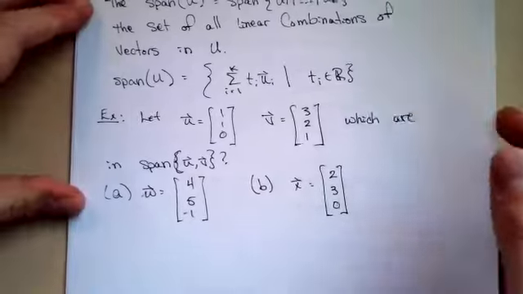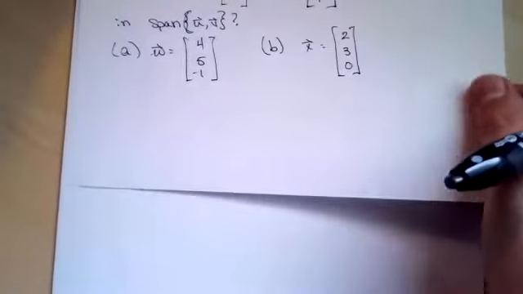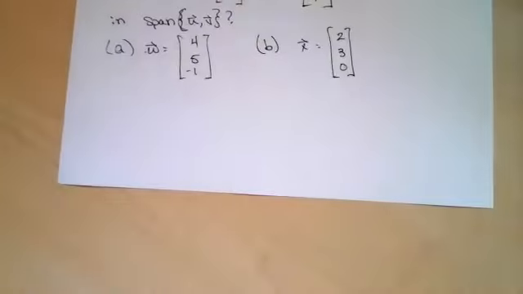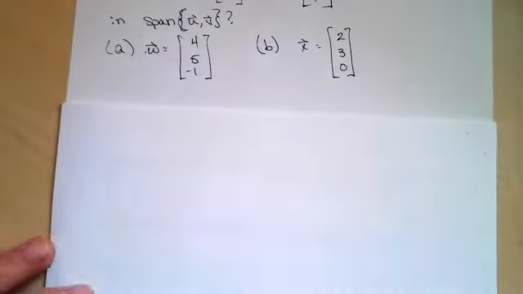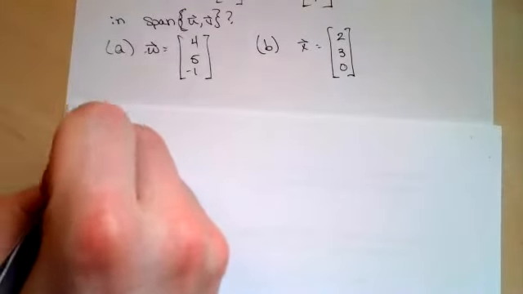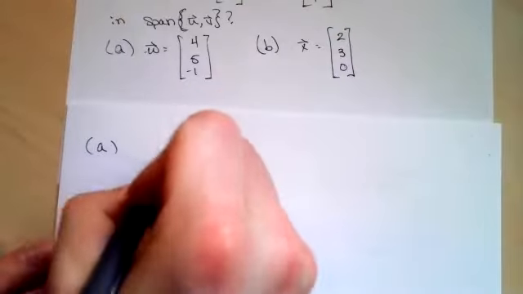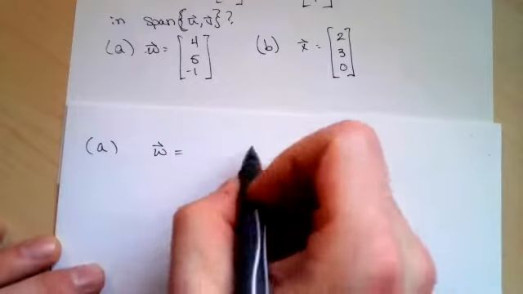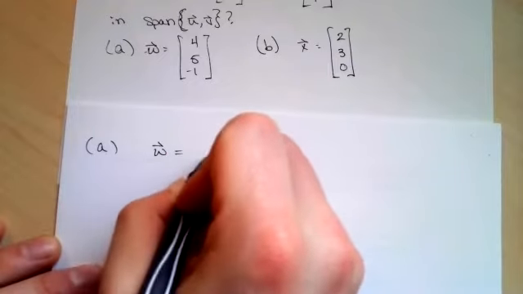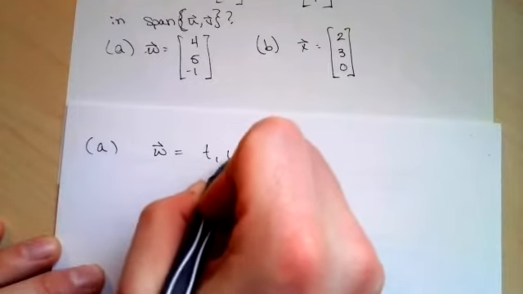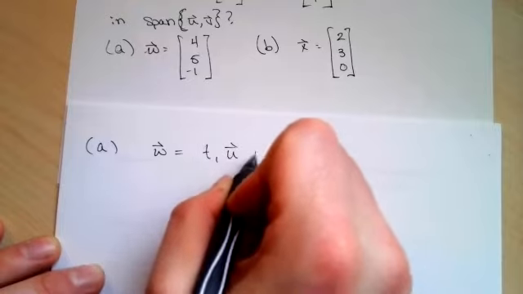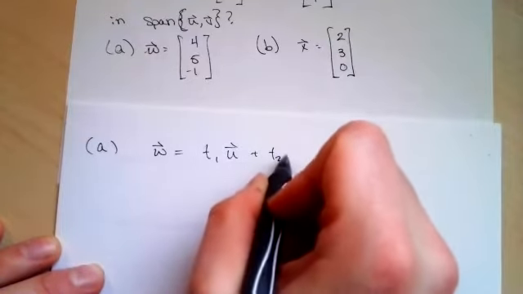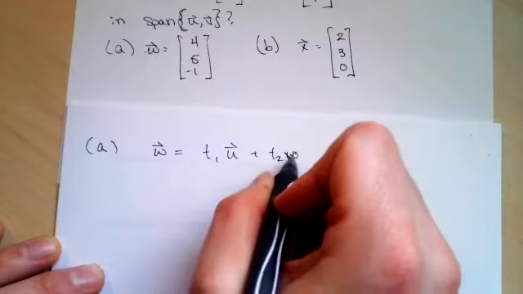So our first step is to write out a generic equation. We want to see if W is in the span. We want to know, can we write W as some scalar multiple of U plus some other scalar multiple of V?